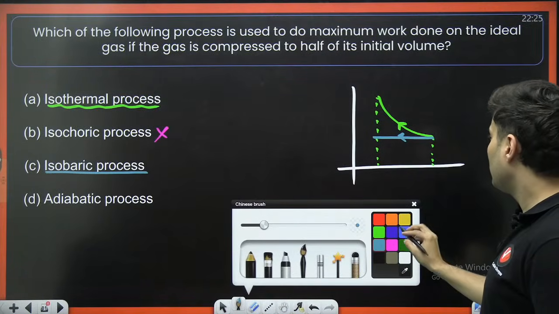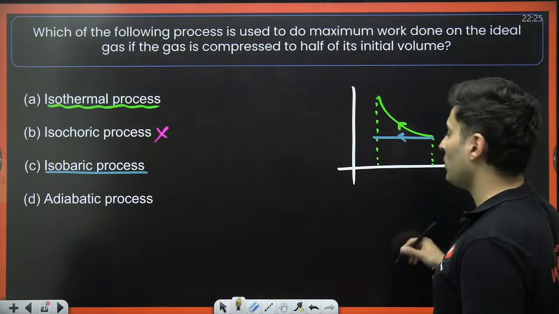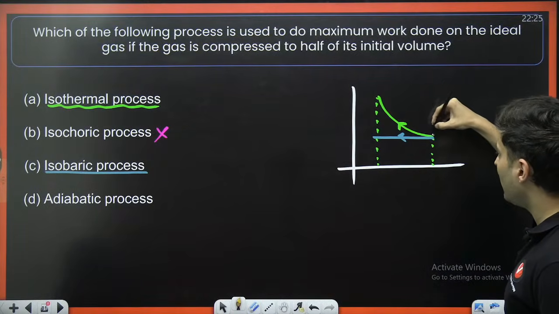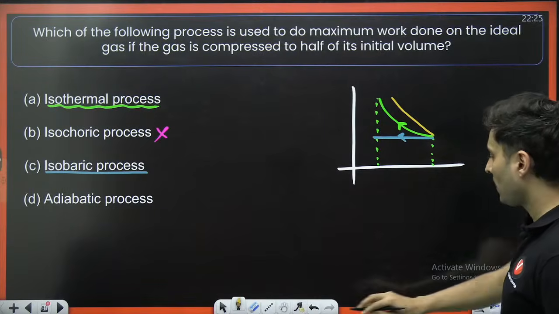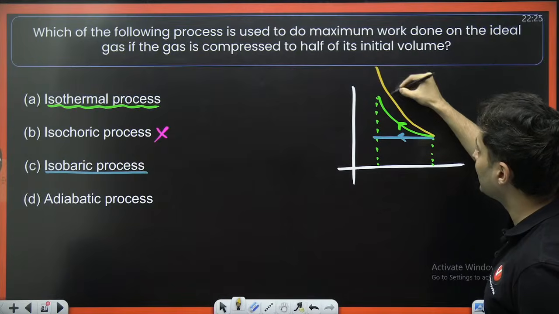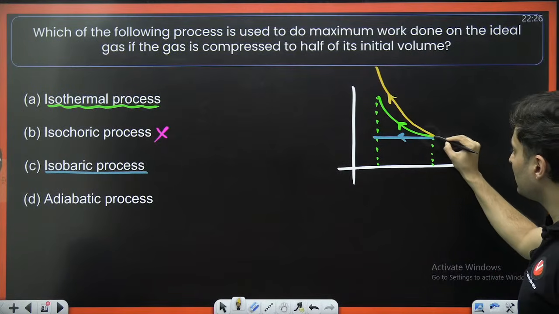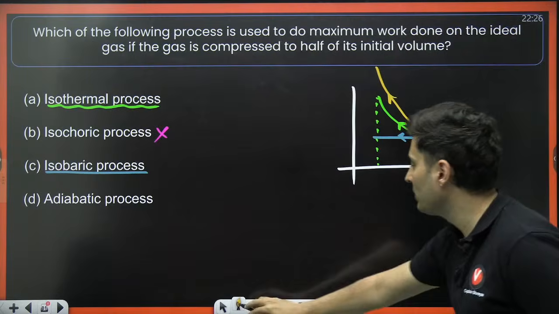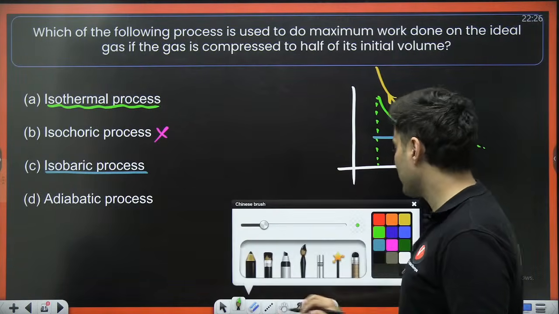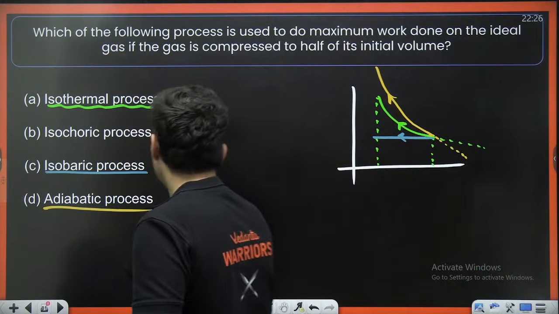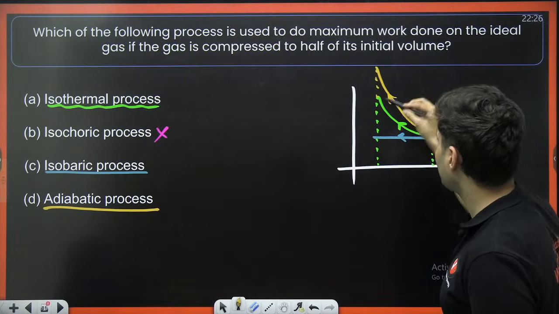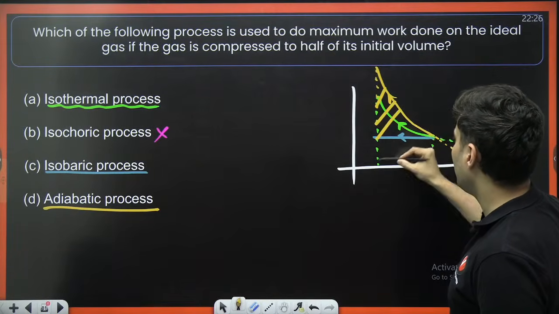And lastly, we can do adiabatic process. Adiabatic is more steep. So if this is isothermal, adiabatic will be even more steeper, like this. If at this point you see the tangent, this should be more steep, and for isothermal it should be less steep. So yes, you can now see for adiabatic process, the work done is the maximum.